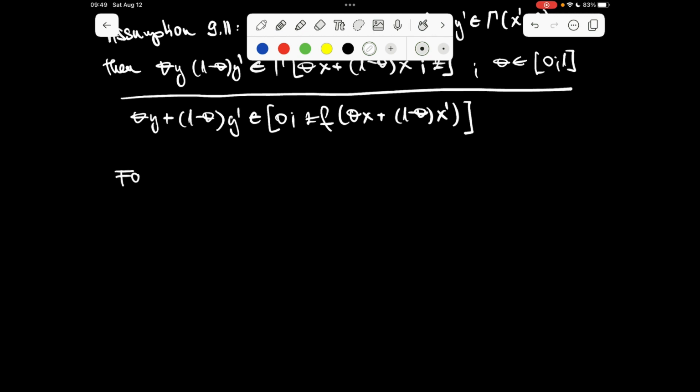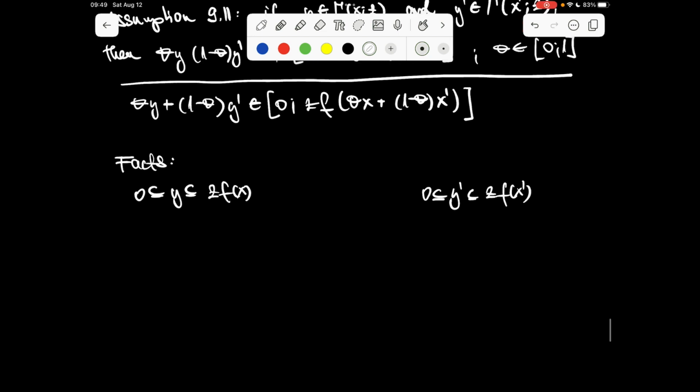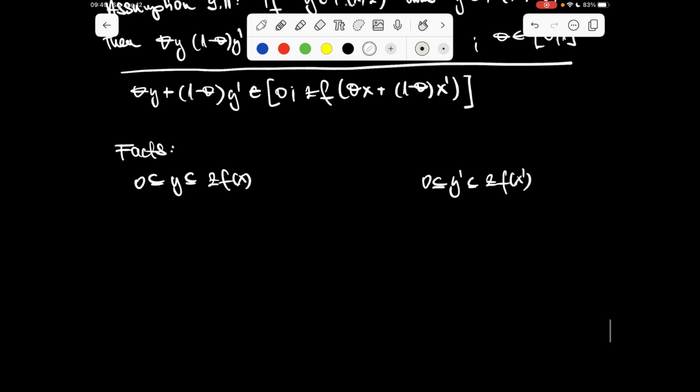The facts. Let's see the facts. There are two things we know for sure. This is one thing, and this is the other thing, which comes from the fact that y and y prime, both points are in the related correspondence sets.